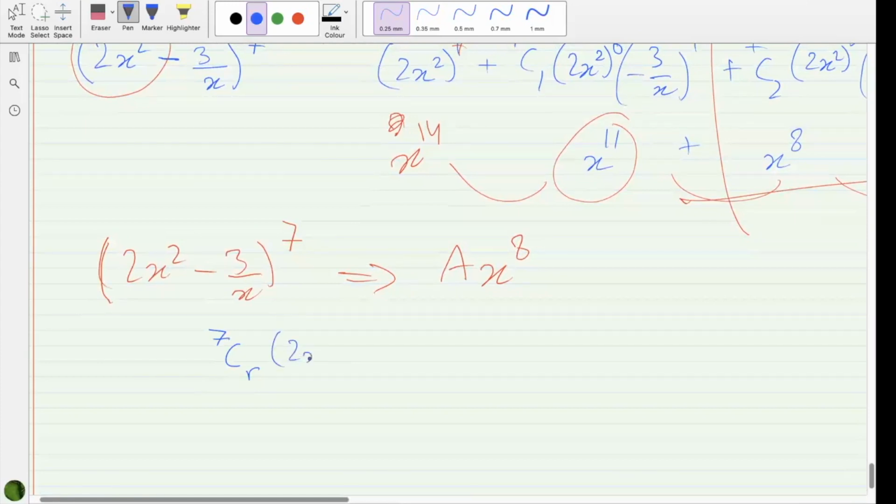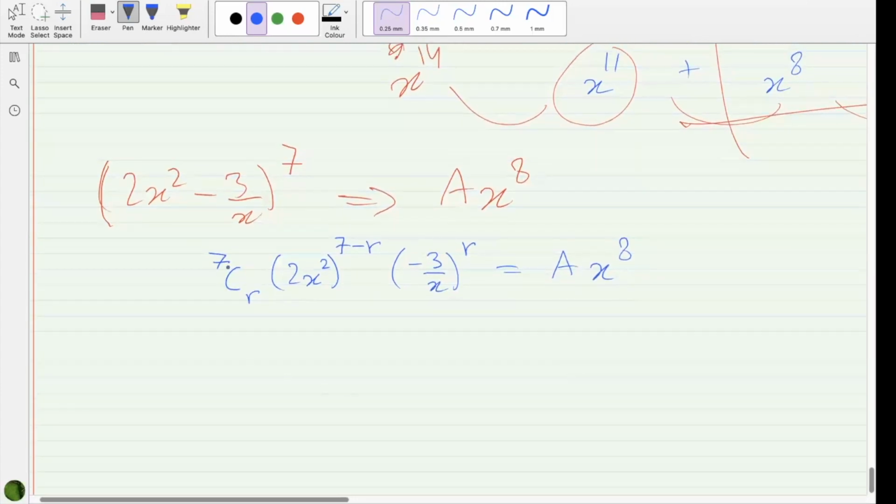Then a is 2x square power 7 minus r, and then b is minus 3 by x power r, and it is equal to a x to the 8. The examiner wants us to solve this term when the power of x is 8. So we've already substituted the values we were sure about, that is the value of n.